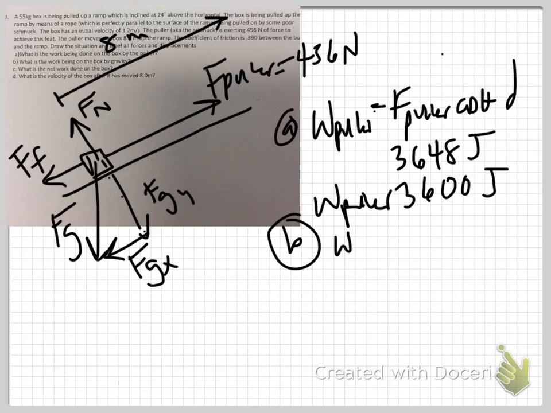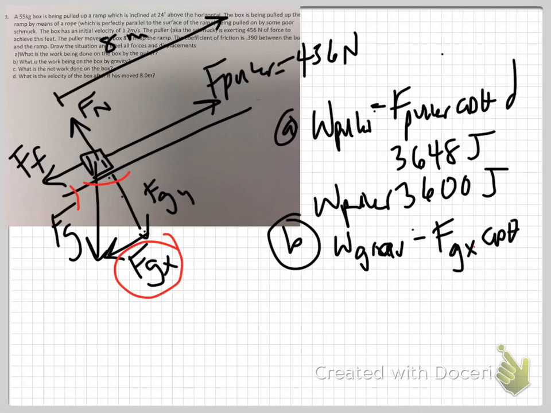Now, the work done by gravity is the force of gravity on the axis where the motion is occurring. And in this case, that's going to be the x-axis. So we have to take sine of the ramp inclination, so FGX, cosine theta, where theta is the angle between the force and the distance, times the distance.